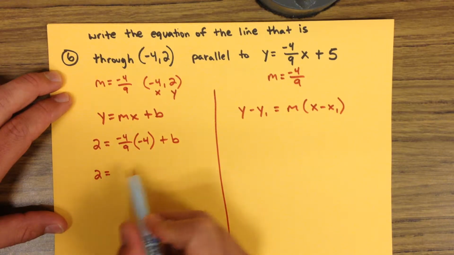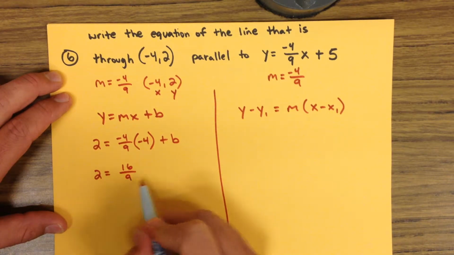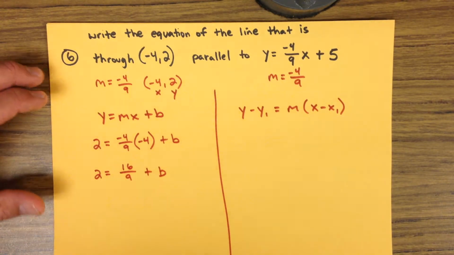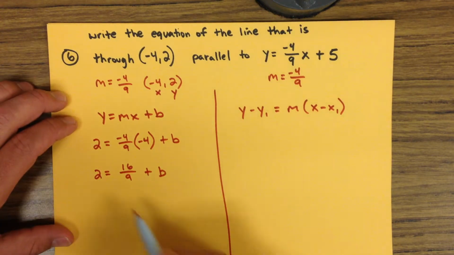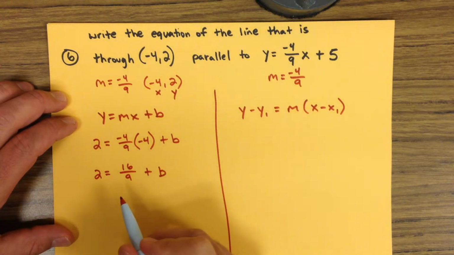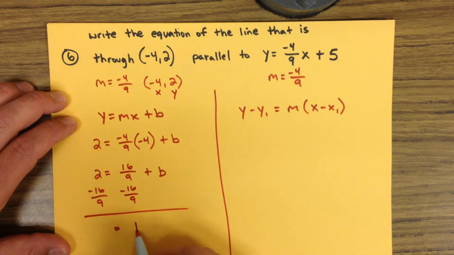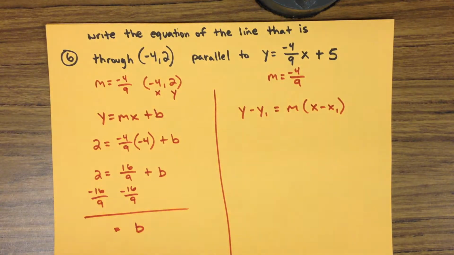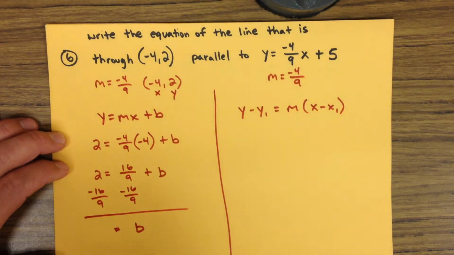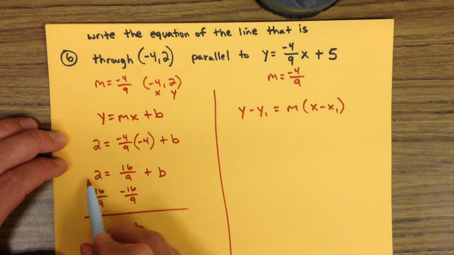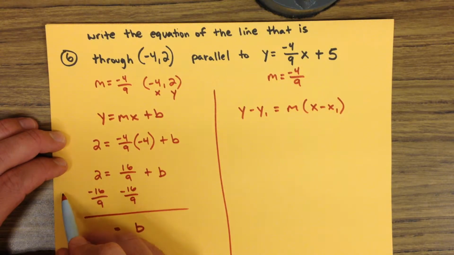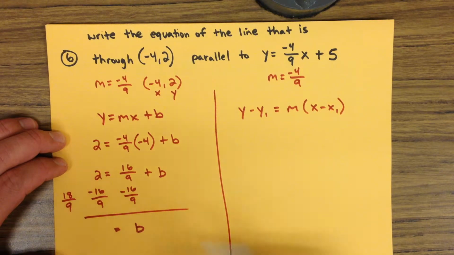I have 2 equals 16/9 plus b. Subtract 16/9 from both sides. If I make 2 out of 9ths, it's going to be 18/9.